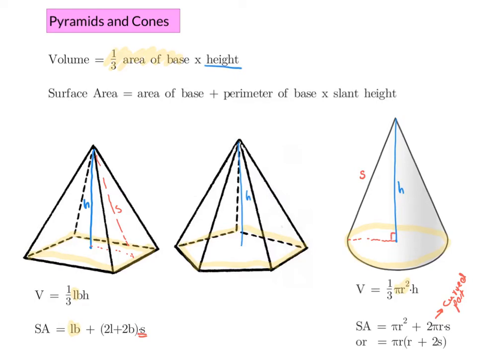And I can use Pythagoras to work that out. Sometimes you'll see the formula for the surface area of a cone written in the factorized format. If you are using the factorized format, you must remember that that includes the area of the base and the area of the curved part. If you wanted only the curved part, you'd have to subtract the area of a circle from that.